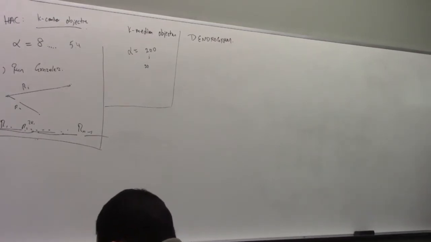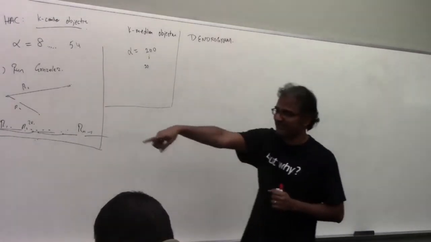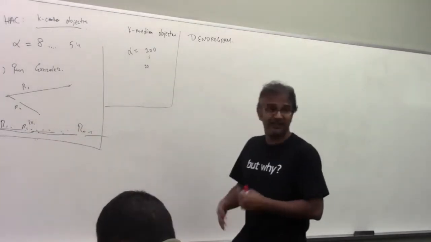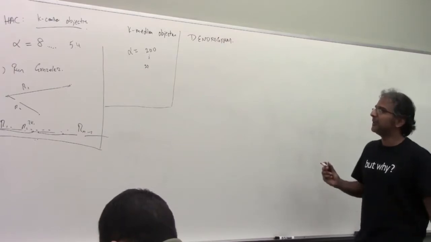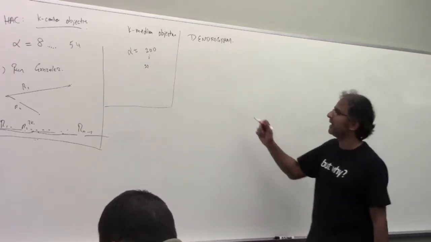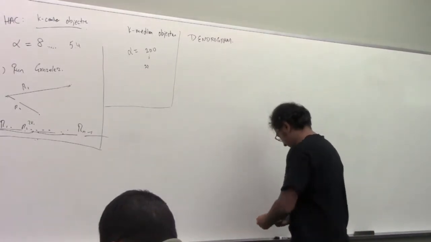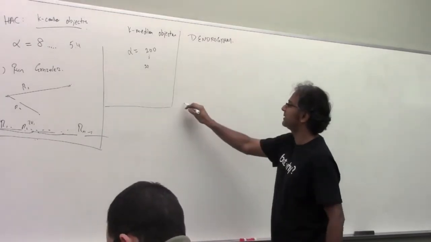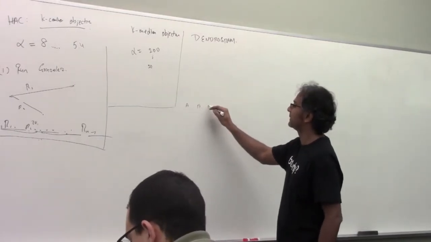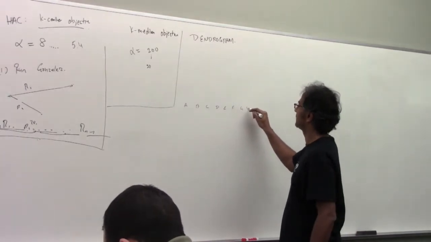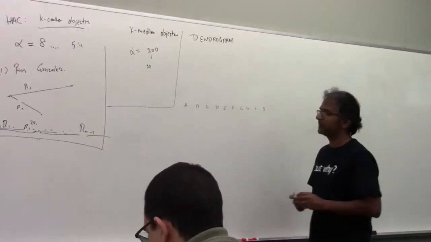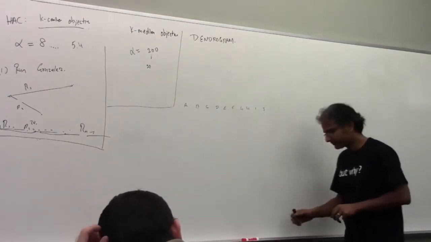So a dendrogram is basically a glorified version of these trees I've been drawing since the last lecture. The idea is that if I want to describe a merge process, let's say I have 10 points, and I want to describe their merge.